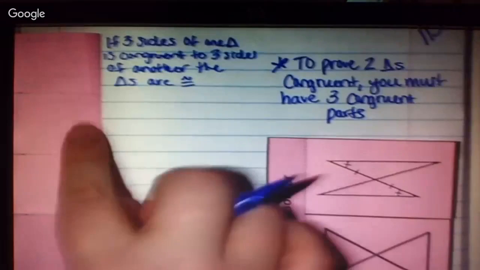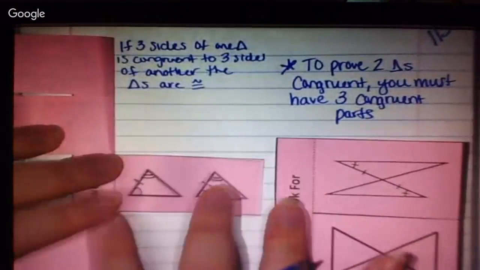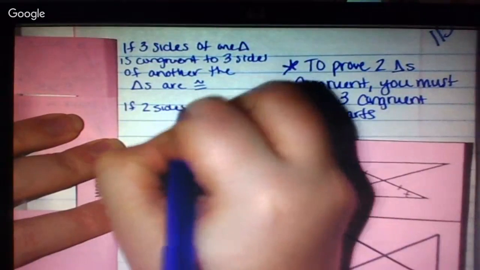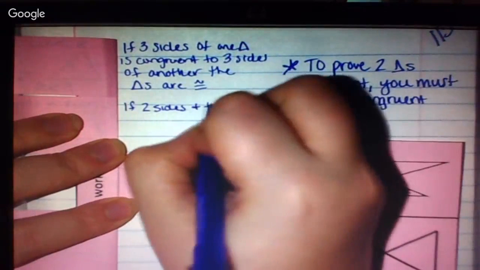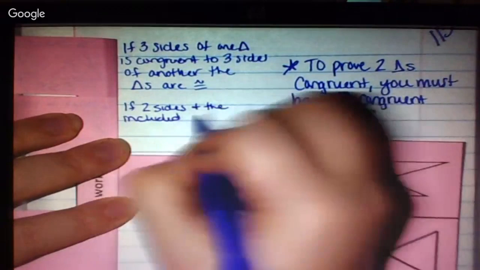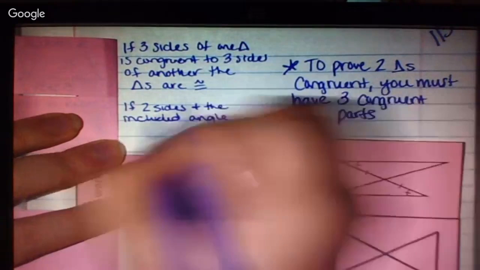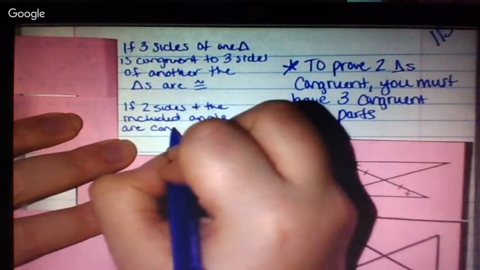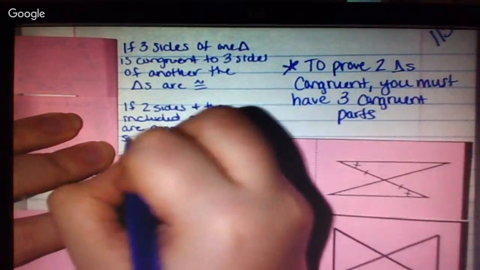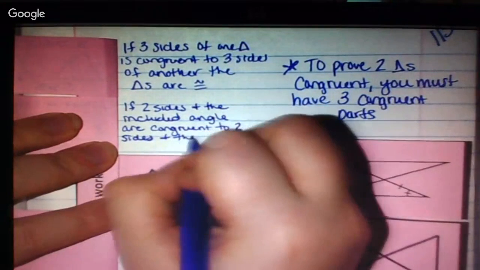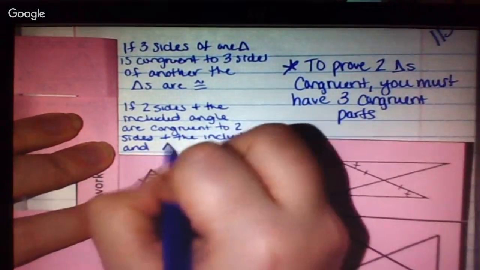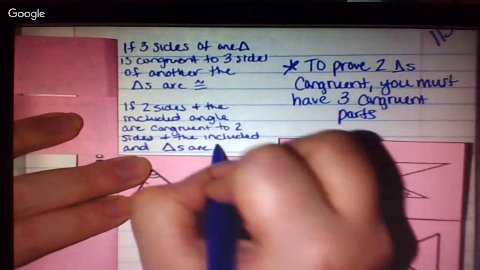So your formal definition on the inside: if two sides and the included angle are congruent to two sides and the included angle, then your triangles are congruent.